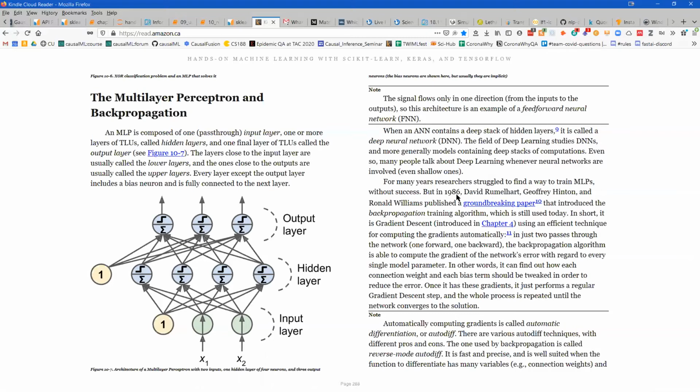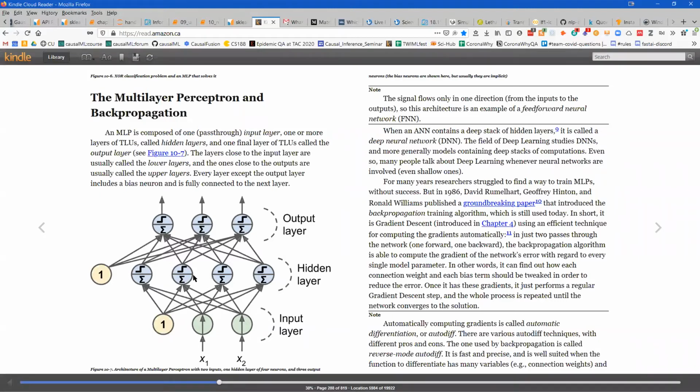So this is the key point. In 1986, the paper by Rumelhart, Geoffrey Hinton and Ronald Williams showed how to do backpropagation, and came up with this backpropagation algorithm that allows you to do this automatic training of neural networks. And it's basically the gradient descent algorithm that we already used. So if we remember how that works, we use 2 passes. The forward pass is starting with the inputs and applying the weights to get every one of the outputs.